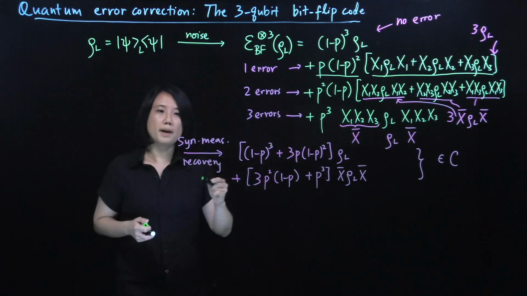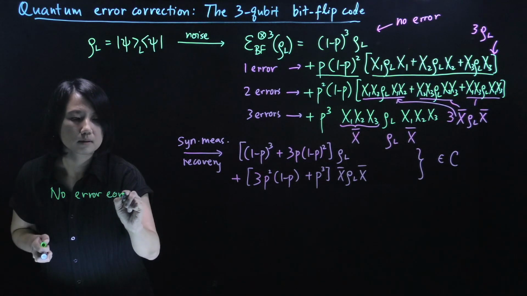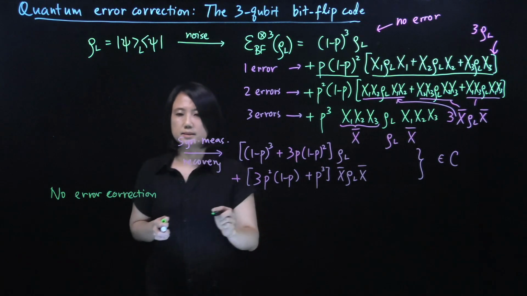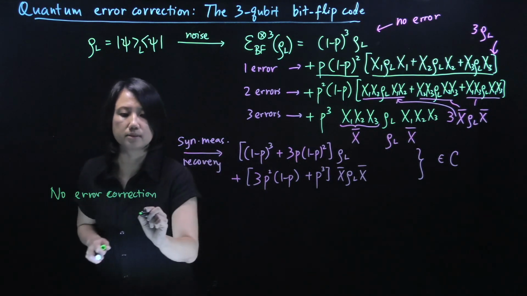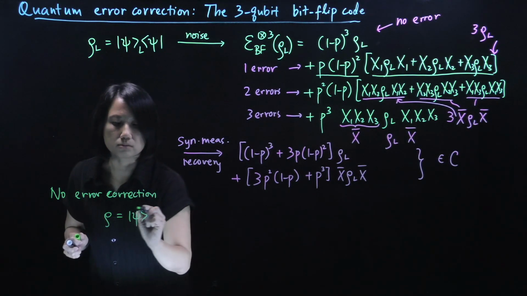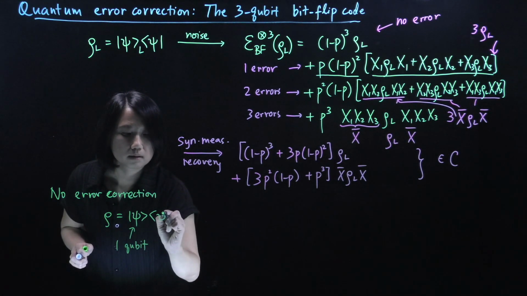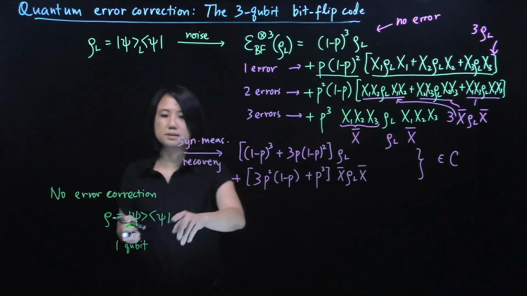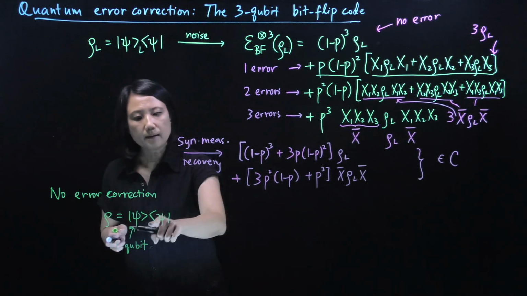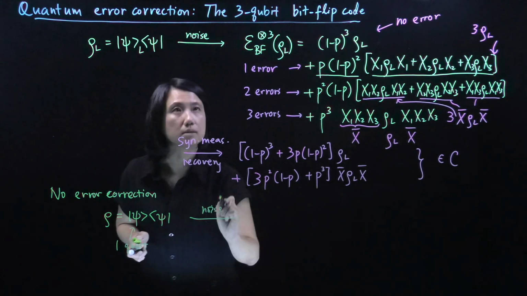So if I go back to compare with the situation where I have no error correction, where I'm simply carrying the state psi L as a single physical state, I have just psi, which I now write as rho. So this is now 1 qubit only, the same state as the one that was encoded into the logical qubit. If I go through the noise, what I actually have is the following.